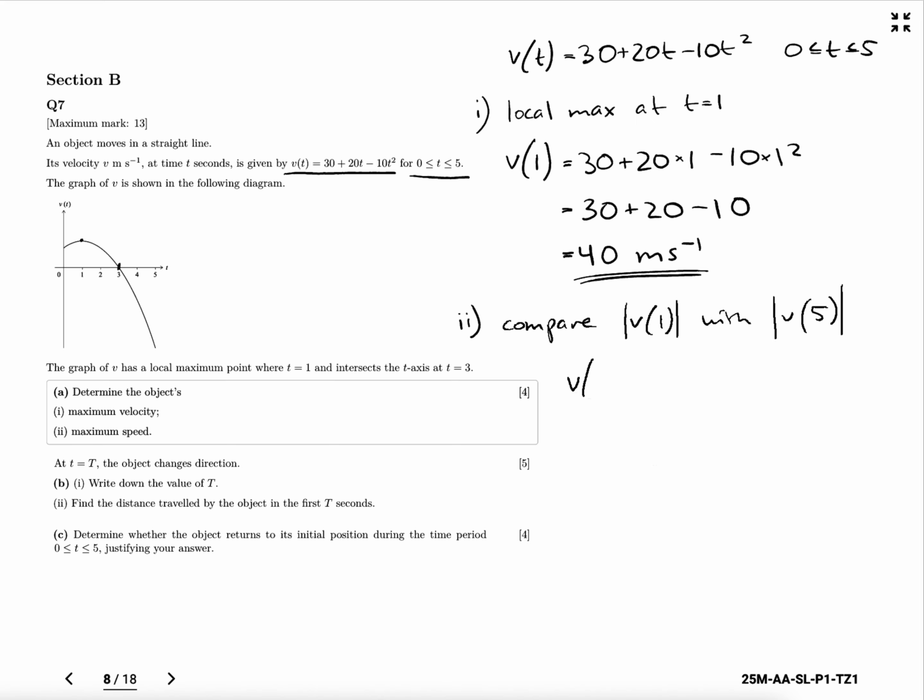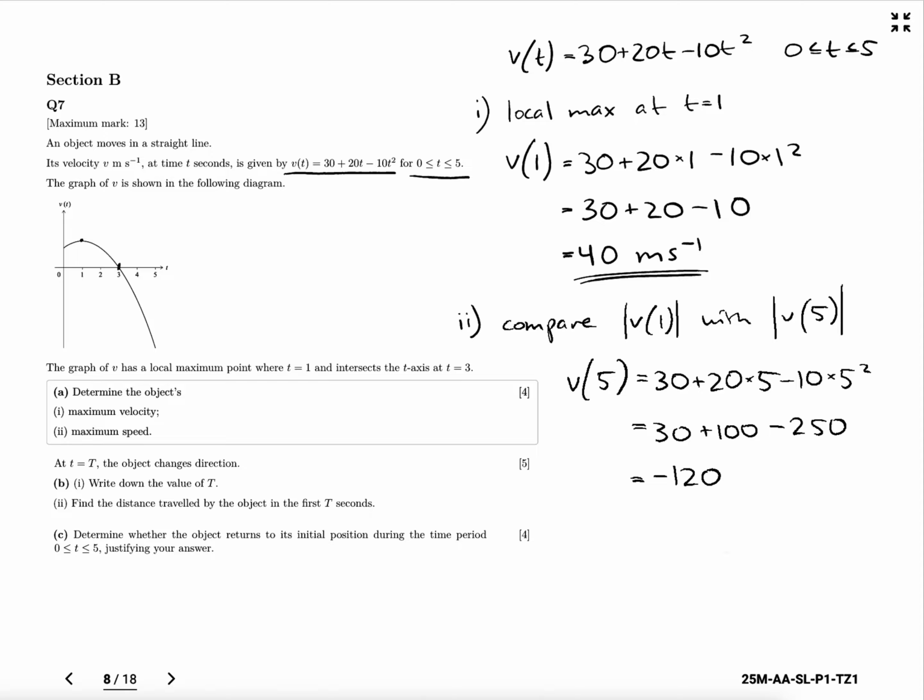So we calculate v(5), and plug it into the same formula. 20 times 5 minus 10 times 5 squared. Let's simplify a bit. 250. So it's plus 130 minus 250.